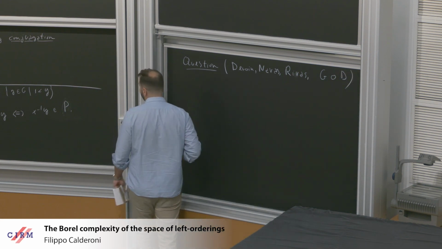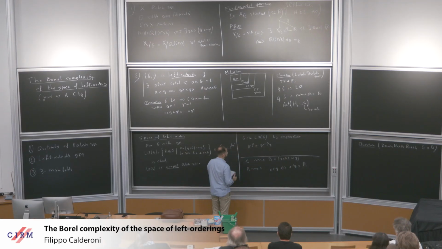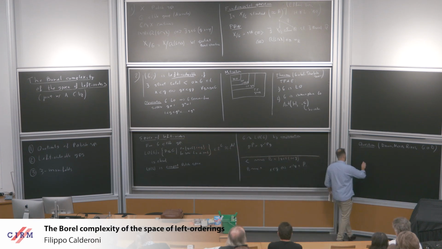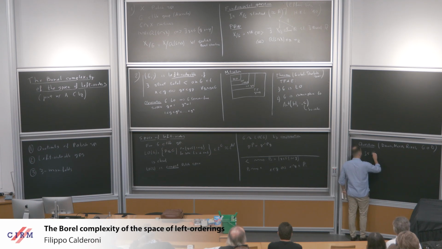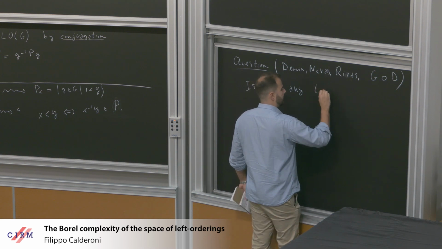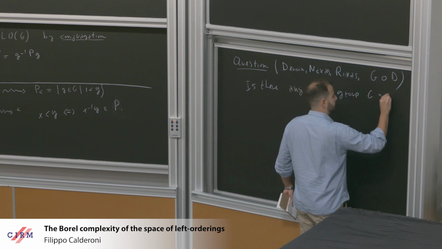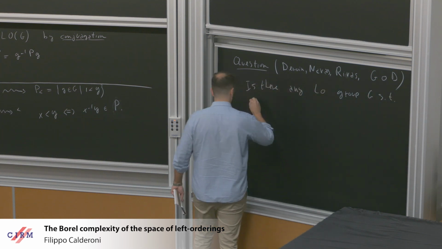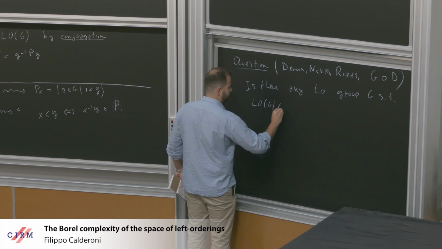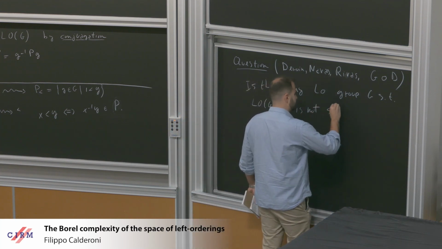They ask if we have some example of a group such that the quotient space modulo the conjugacy action is non-standard. So let me write here: is there any left orderable group G such that LO(G) mod G is not standard?